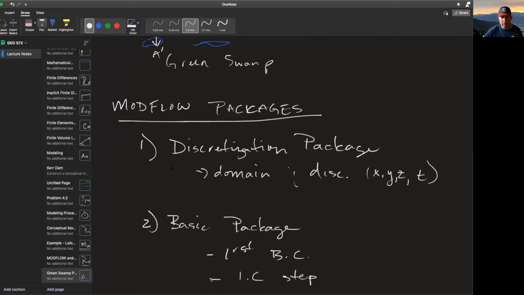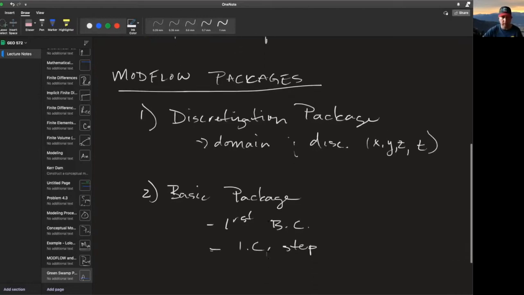So here, the first is domain and discretization. Second is the first set of BCs. This is constant head BCs or no flow BCs. And then the initial conditions, the initial head.